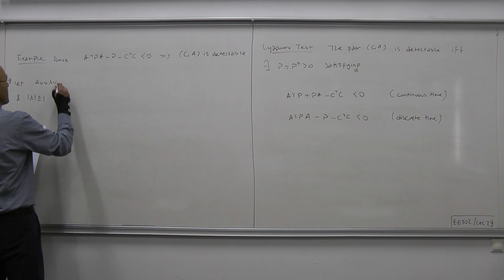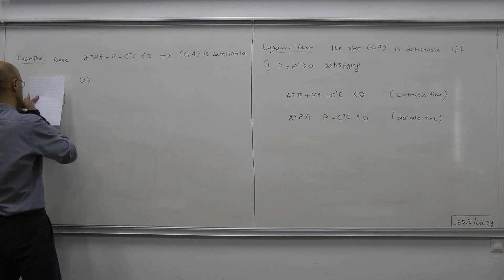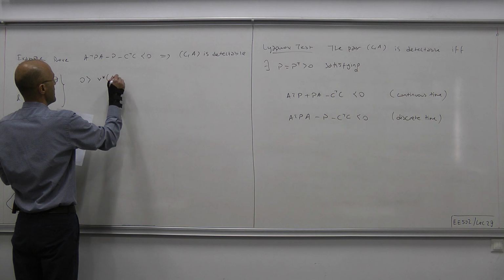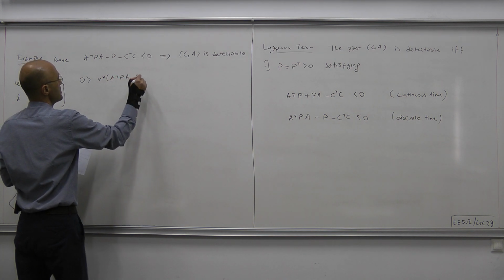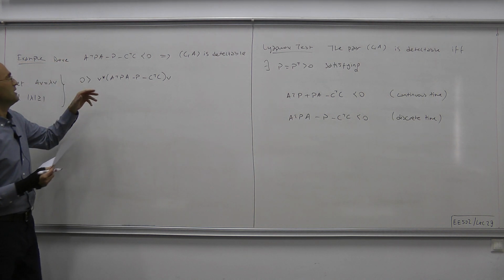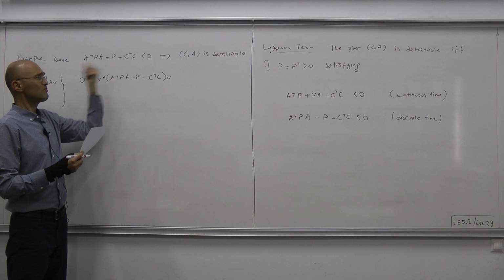So this implies that 0 is greater than V conjugate transpose times A transpose P A minus P minus C transpose C times V. So what we did is, first of all, we reversed the inequality.